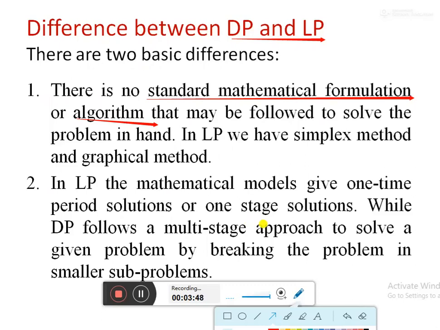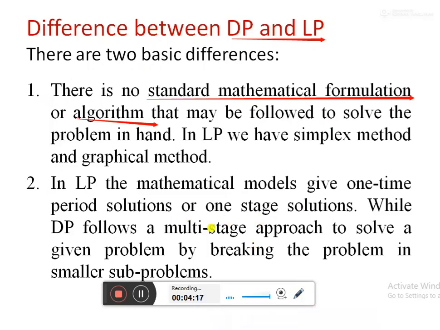In that case, we cannot use those mathematical models of linear programming. So to solve them, we need dynamic programming, which follows a multi-stage approach to solve a given problem by breaking a larger problem into smaller and simpler sub-problems. This is the basic process adopted in dynamic programming.